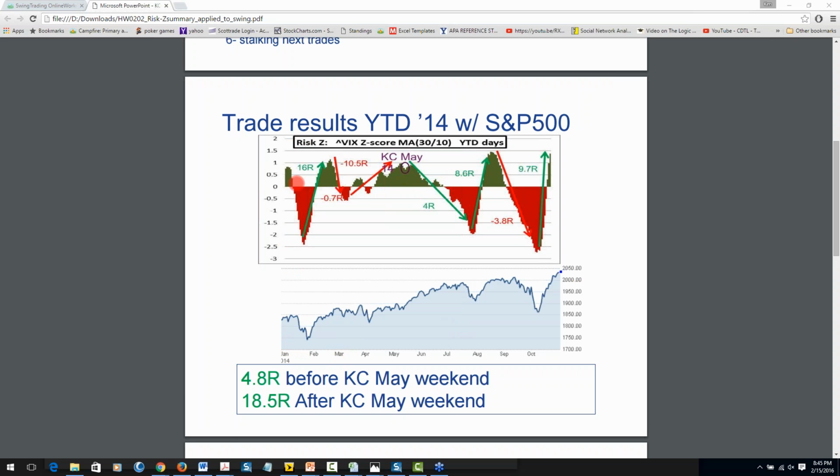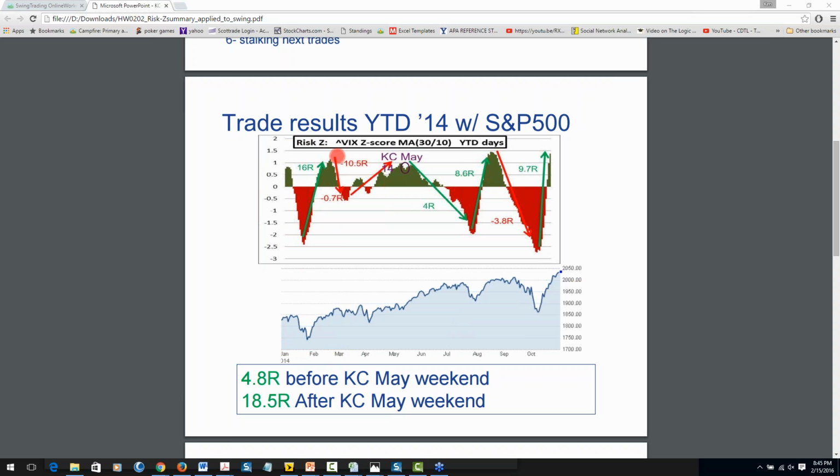The first set of swing trades he did, he was applying this religiously, and he made 16R from this, where region 1 becomes region 2, all the way up to the peak. He tried some swing trades after it started rolling over, and he netted about minus 0.7.